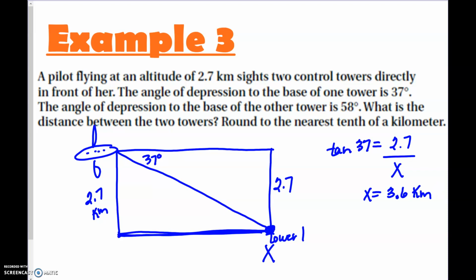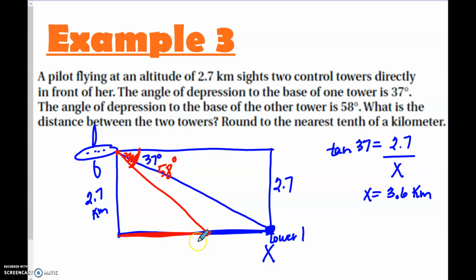All right, the angle of depression to the base of another tower. So if I have another tower and this base right here, they're saying now this angle isn't 37, it's a bigger angle. So if it's a bigger angle, it's going to come down here. So this angle is 58 degrees. All right, so now focus on my red triangle here, and this one is going to be 58 degrees.